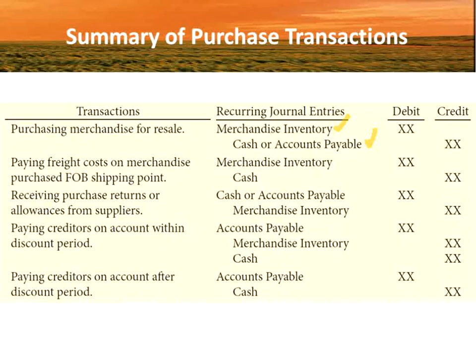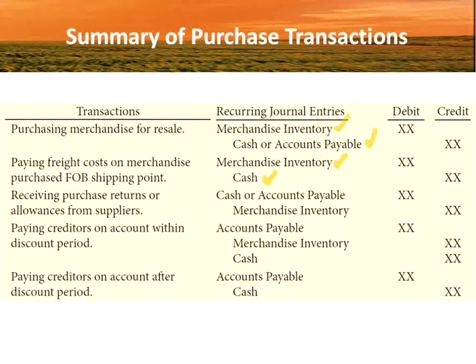If we have FOB shipping point, again, we have to pay the cost to get the merchandise delivered to us. It's an additional cost of getting that inventory, so we're going to increase that inventory account by the cost of delivery and pay out cash or accounts payable to the delivery company, whatever that happens to be.